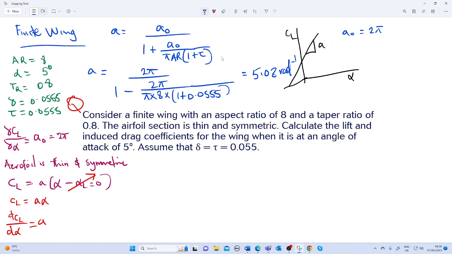And to convert per radian to per degree, it becomes 5.08 multiplied by pi over 180. That gives us 0.08866 per degree.